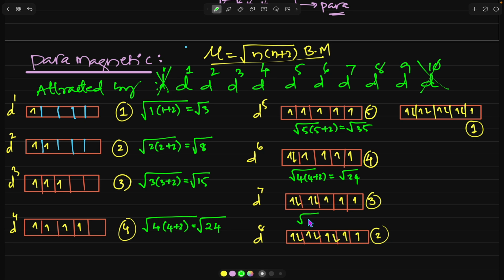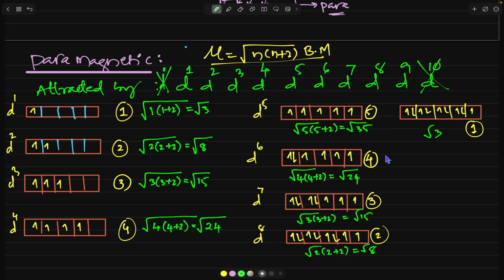Here 3 into 3 plus 2, again root 15. Then root 2 into 2 plus 2, so 4 2s are root 8. And this is root 3.